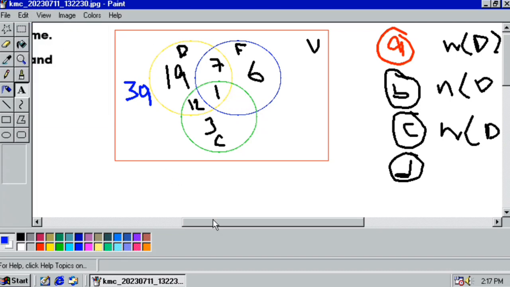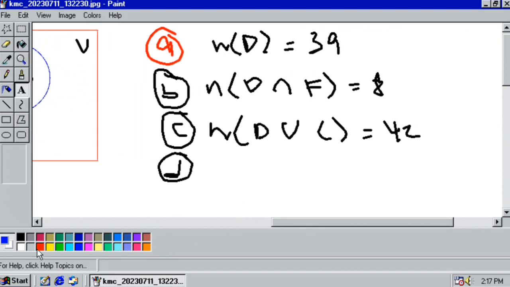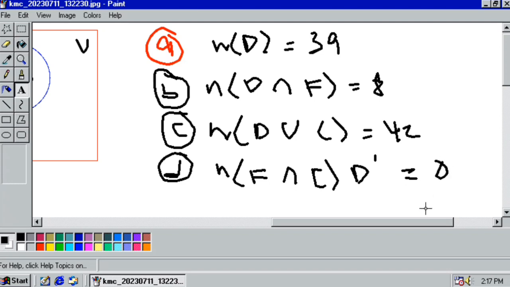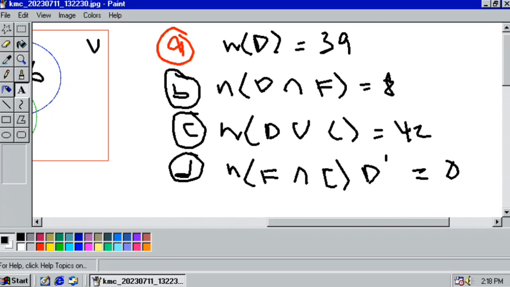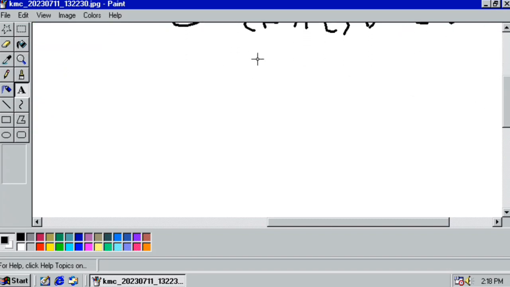Since we have none, it's basically 0. So the number of fish intersection cats, since it says but not dogs, we will have the complement of dogs. So it has none. I don't have any more space to work on, so let's put it underneath.